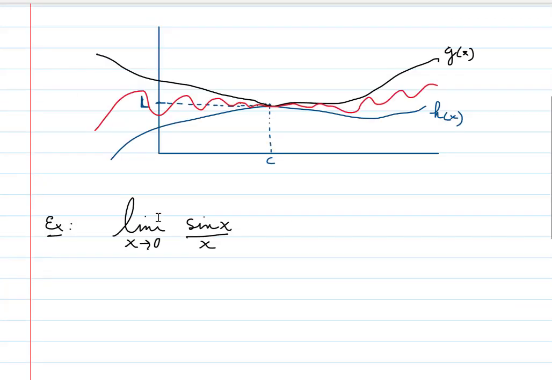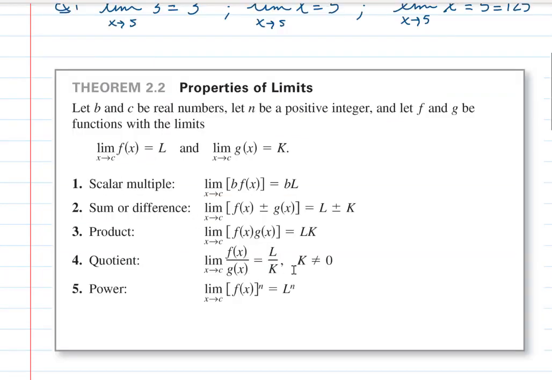So if we go back here, limit of sine of x as x goes to 0, yeah, that exists, that's 0. And the limit of x as x goes to 0, that's 0. But remember, for the quotient property, it worked only if that k was not 0. So unfortunately, I can't use this quotient property because that k is 0 there.